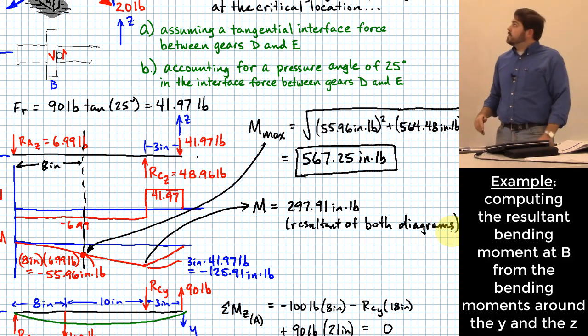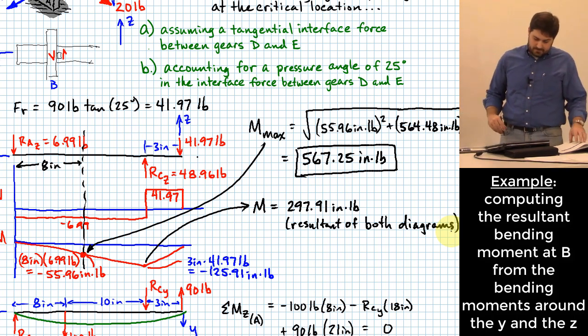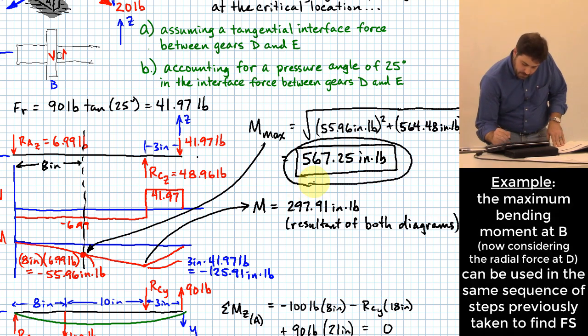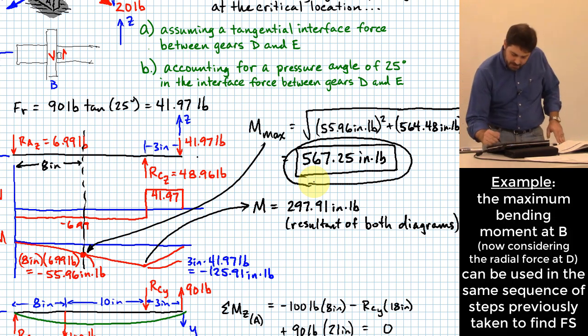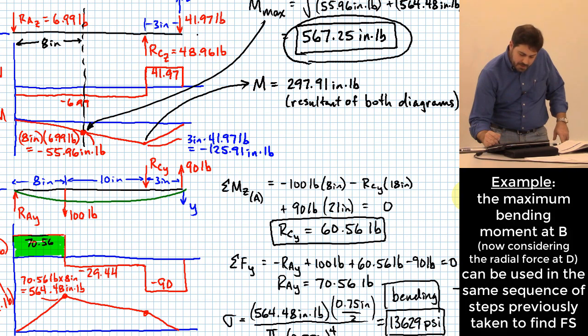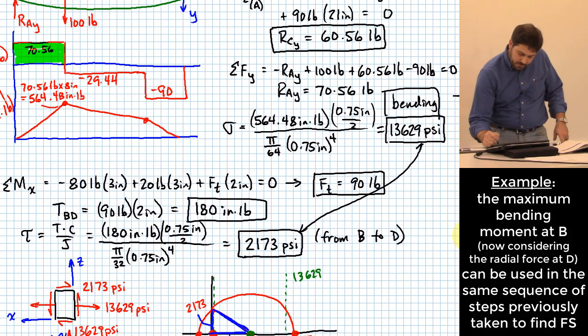So which one is my maximum? This one is. Now, what do I do with that? There's no difference really. Let's just chase it through conceptually. Now I have a different maximum bending moment. What did I do with the bending moment when I got down here?